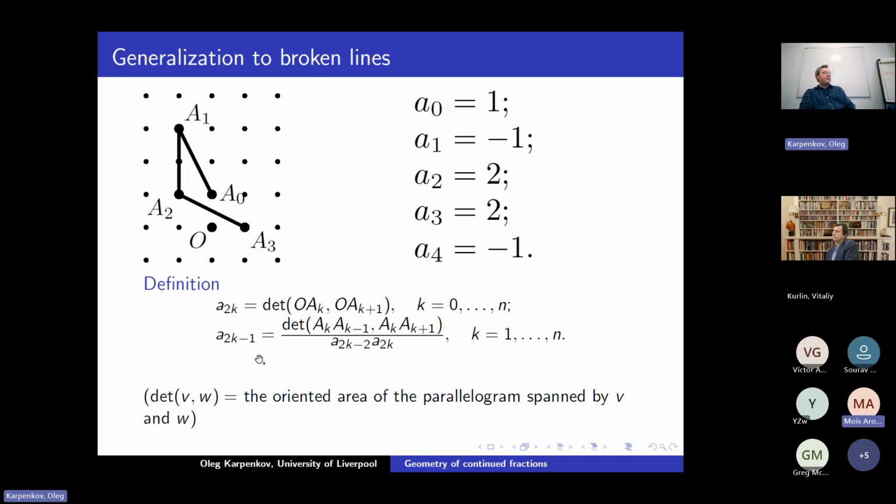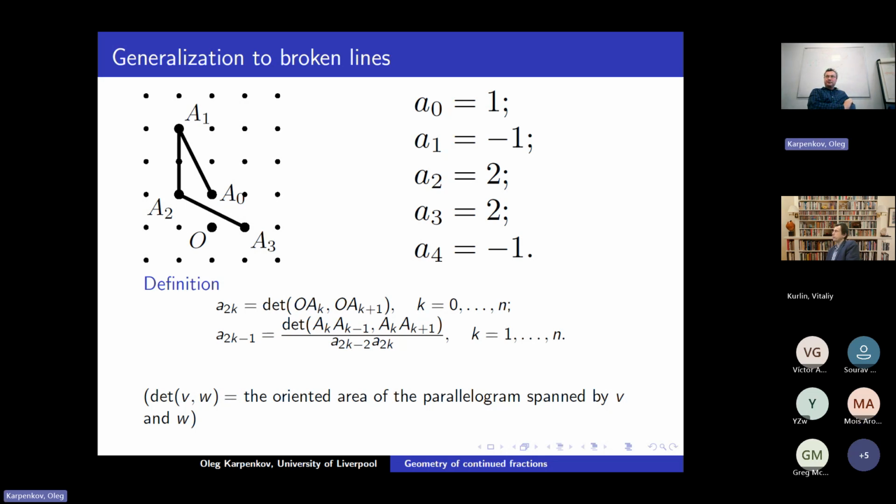And again, for angles, you have a generalized sine rule here. We would not use this further, I just wanted to show that there exists a very simple analytical continuation of that geometry to broken lines.